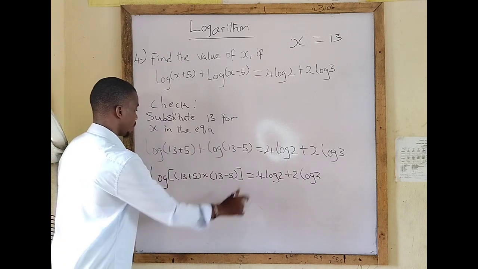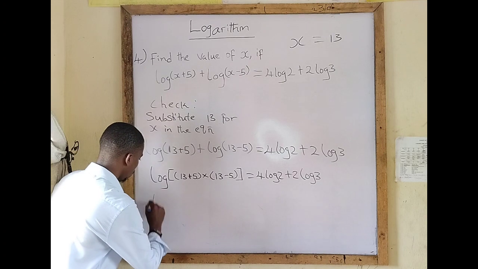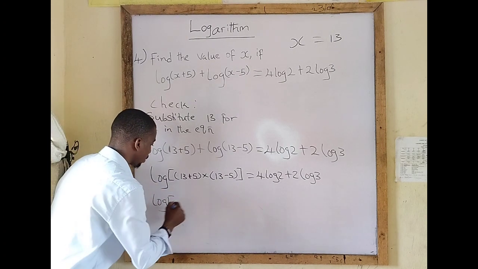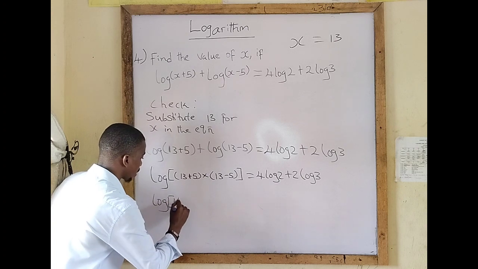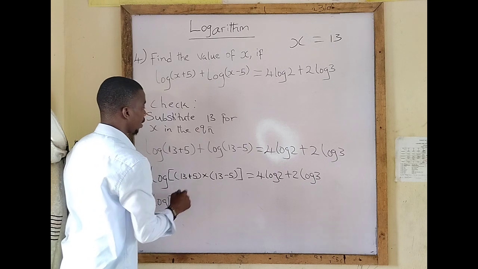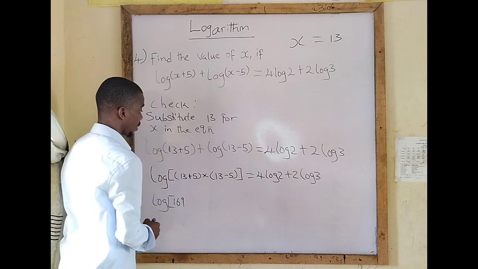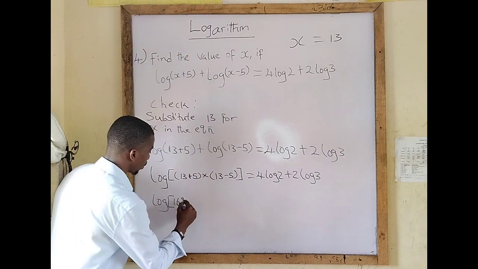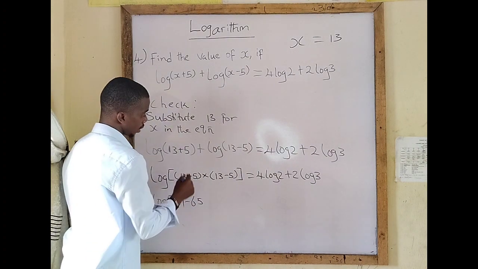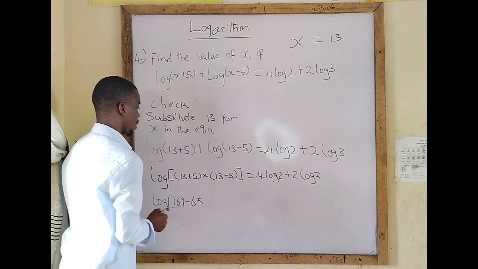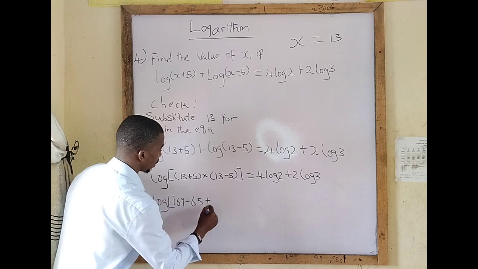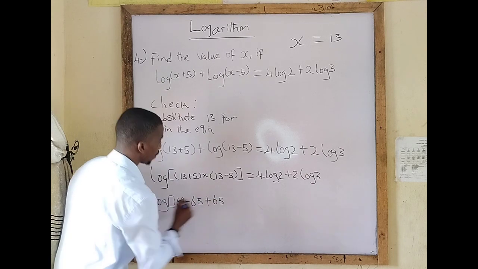That 13 times 13 was equal to, so we have log of, okay, 13 times 13 we have 169, and plus 5 times minus 5 we have minus 65. Okay, we have minus 65, and plus 5 times minus 13 we have plus 65.